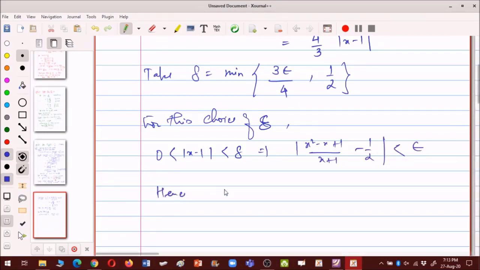Hence limit x tends to 1, (x^2 - x + 1)/(x + 1) is equal to 1/2.